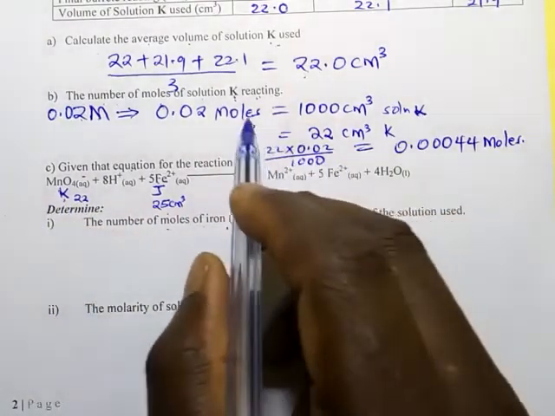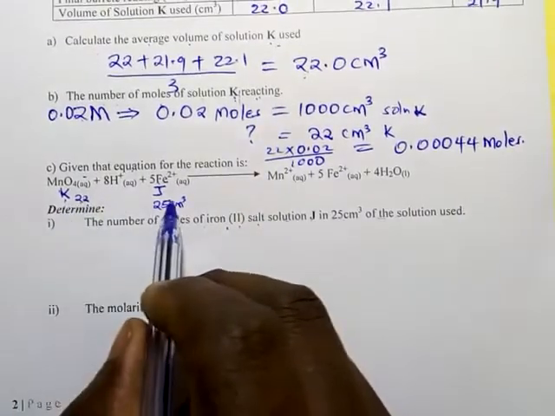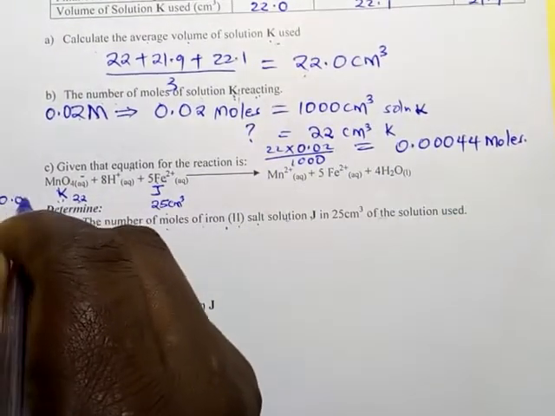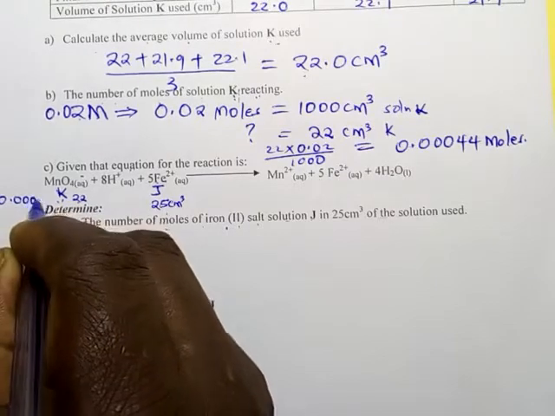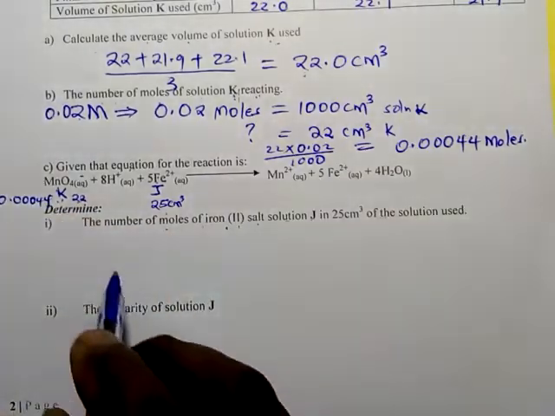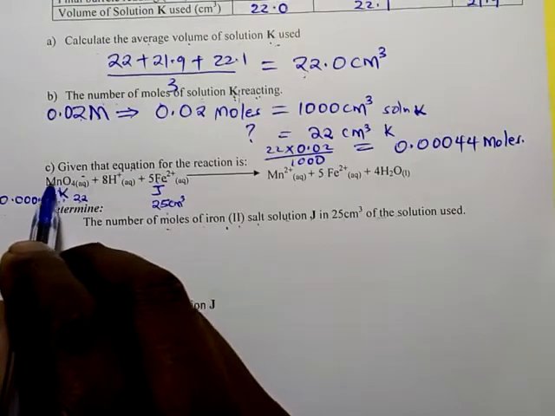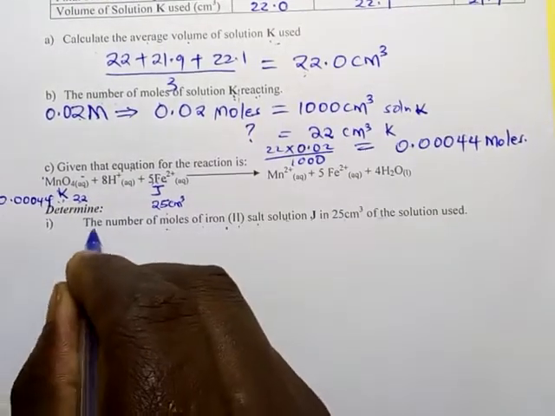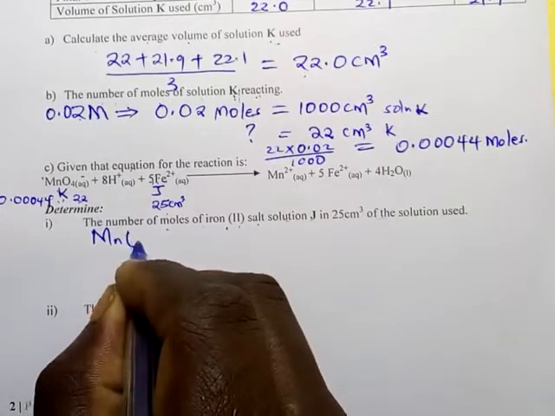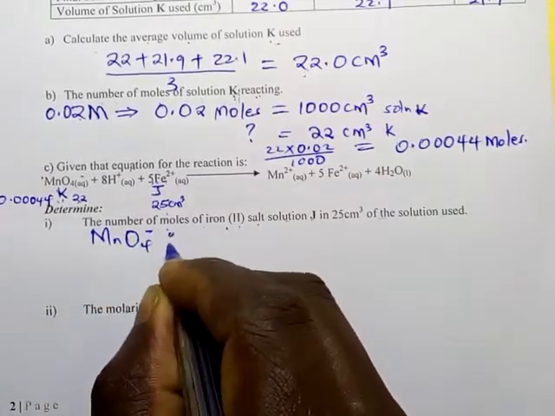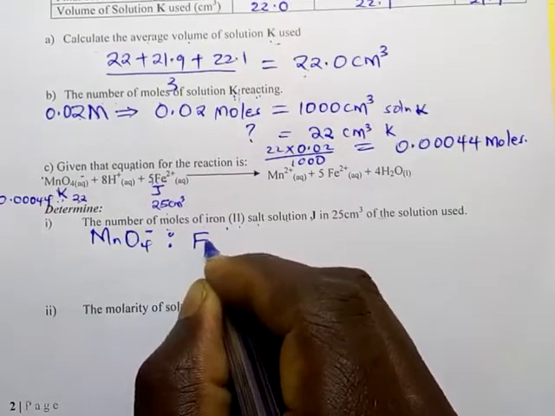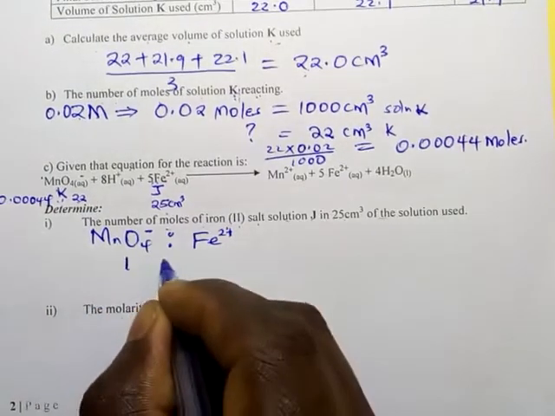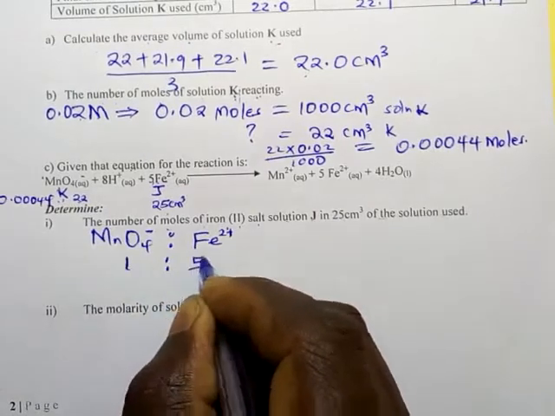Now we have the number of moles of K that reacted with J. The number of moles is 0.00044. We can see that the mole ratio is 1 to 5. So the permanganate ion to the iron ion, the ratio is 1 to 5.